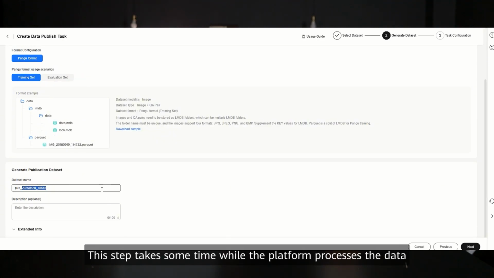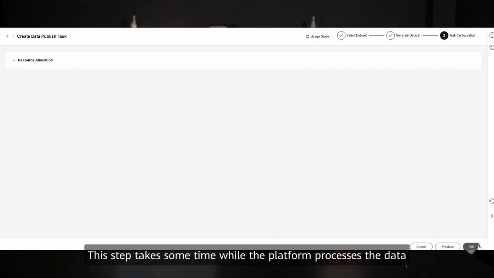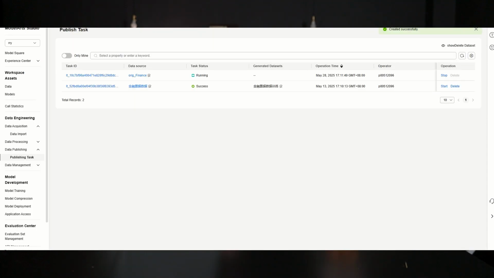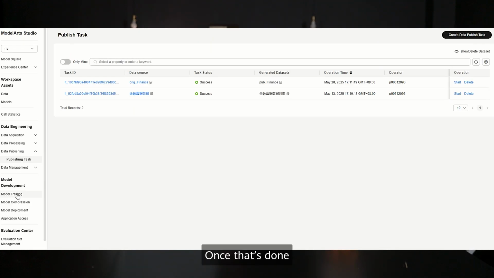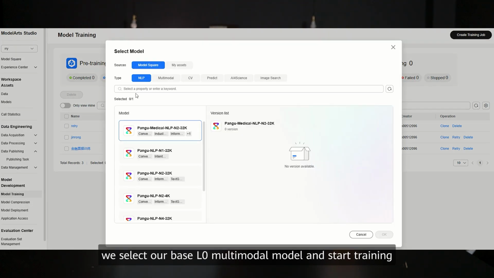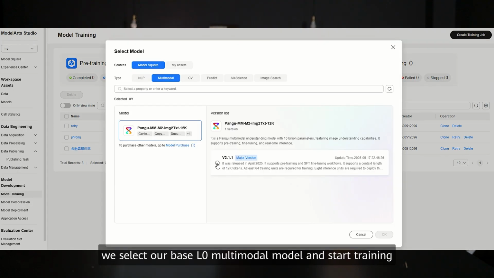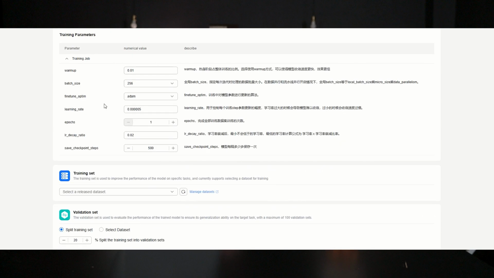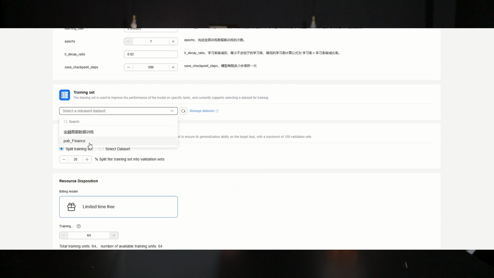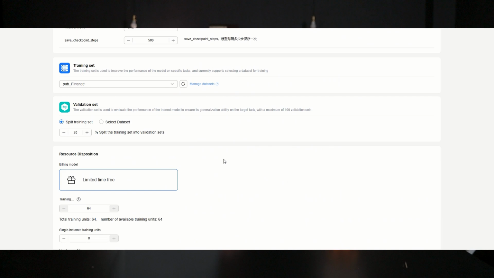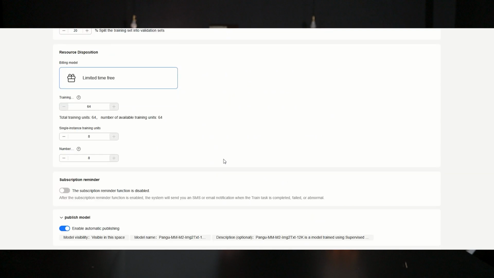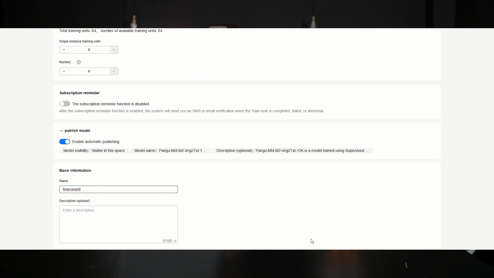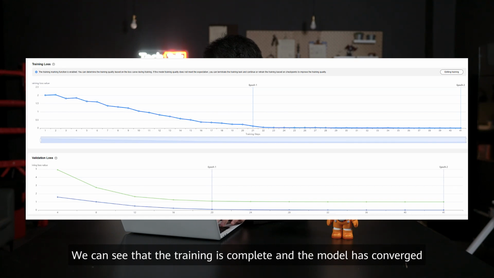This step takes some time while the platform processes our data. Once that's done, we select our base LLM multimodal model and start training. We can see that the training is complete and the model has converged.